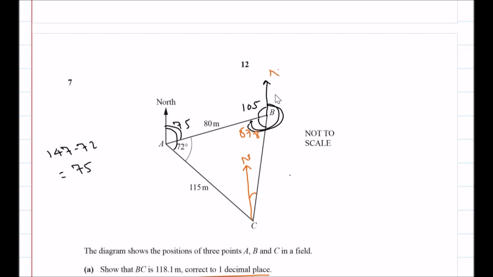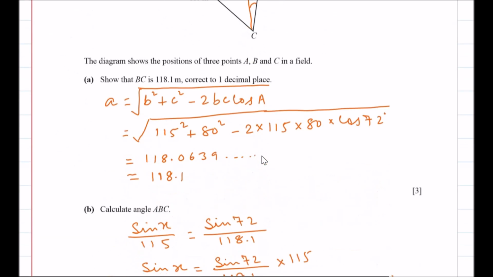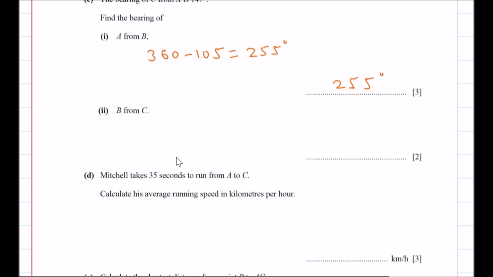You need to add. These two north lines are parallel. So the sum of co-interior angles should be equal to 180. So 180 minus 105 plus 67.8, and that gives us 7.2 degree. So we need to write 007.2 degree. This is a bearing, so we need to write a 3-figure answer.